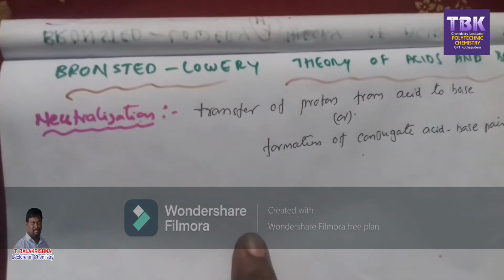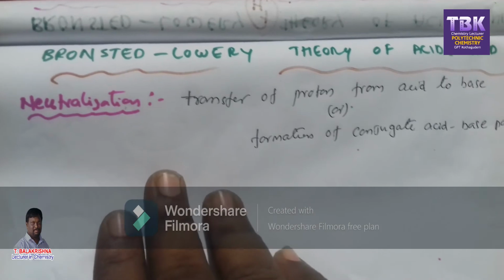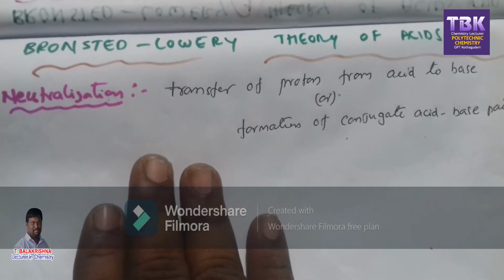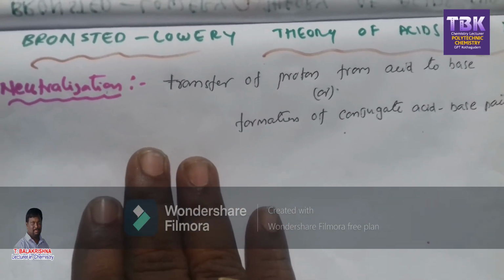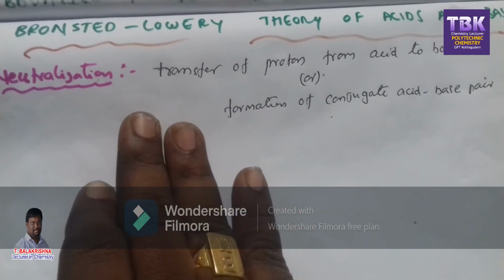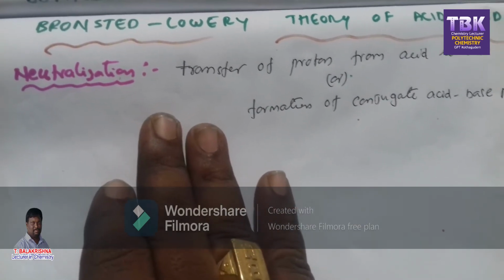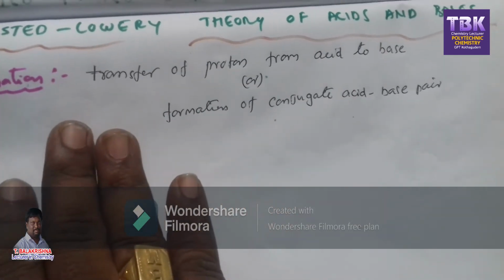The next topic is neutralization reaction. According to the Bronsted-Lowry theory of acids, the definition of neutralization reaction is the transfer of a proton from acid to base, and it is also defined as the formation of a conjugate acid base pair.